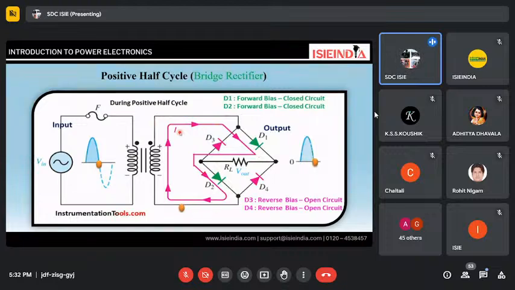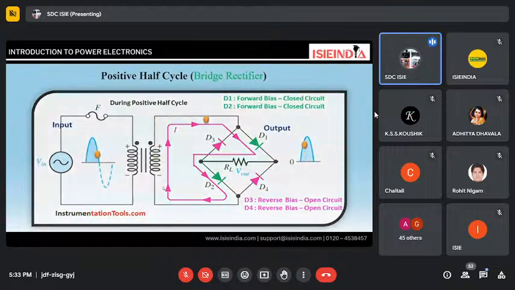The energy passes through the diodes from the positive point to the negative point, and we get a complete cycle. In the bridge rectifier, when we give the power supply on the positive cycle, the current passes through D1, then through the resistive load, and again through D2, creating a closed loop circuit here.